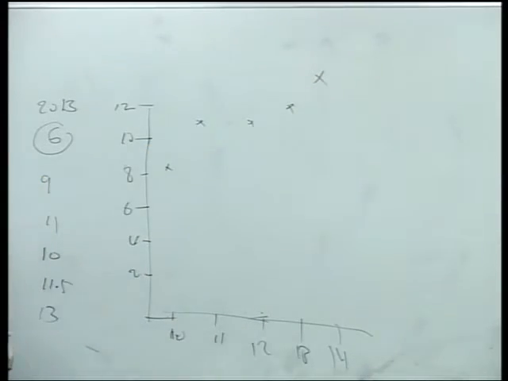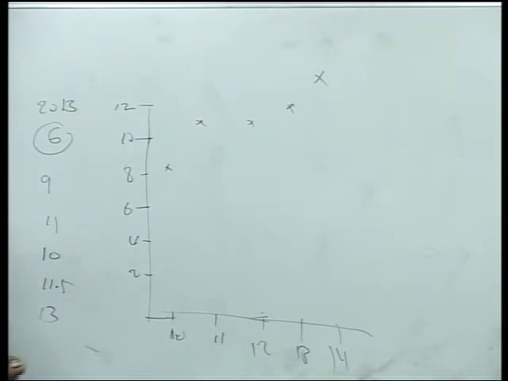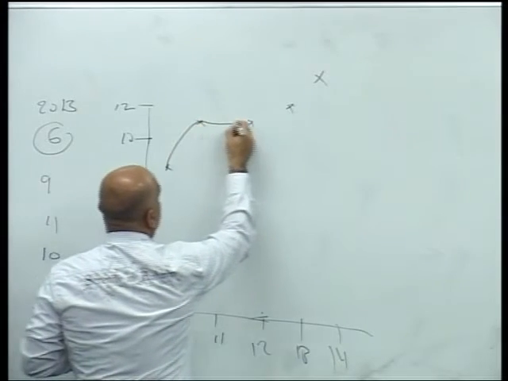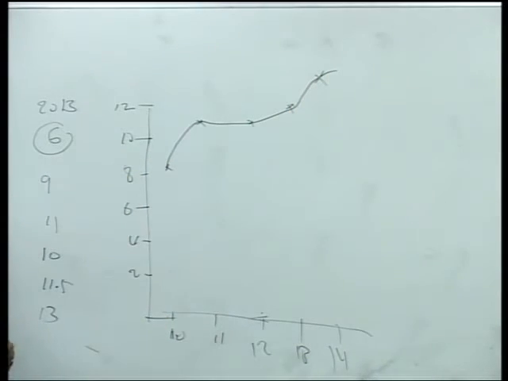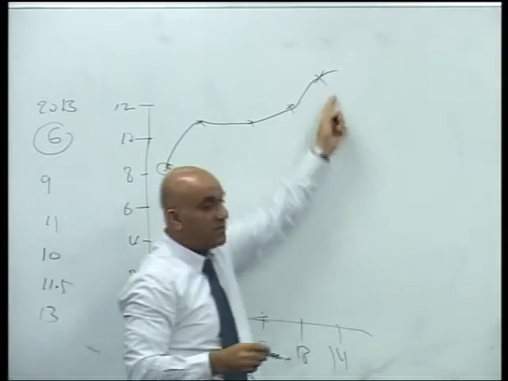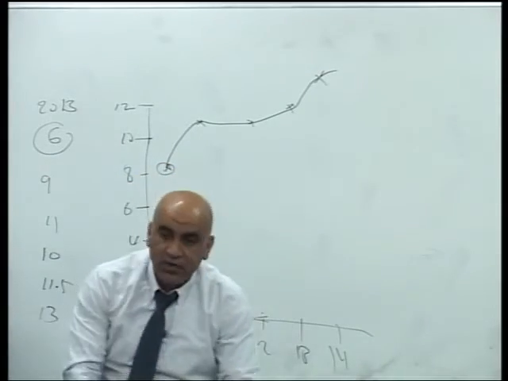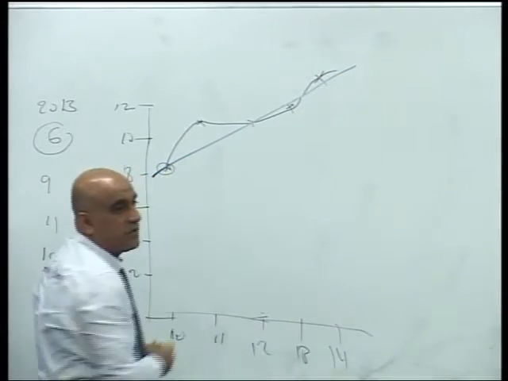Now think of this. This is taken from different years, from 2010 till 2014, and you just connect the lines. The price starts from this point and ends at this point. What is the growth? You can take this as the growth.